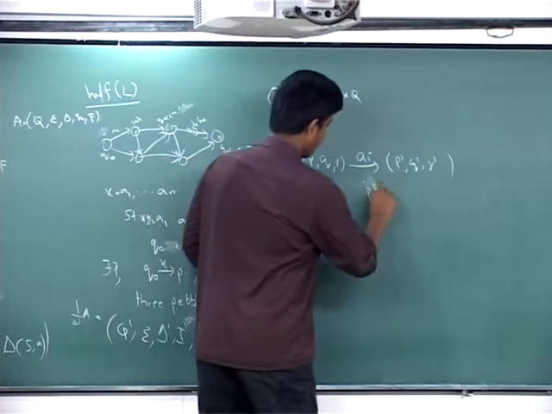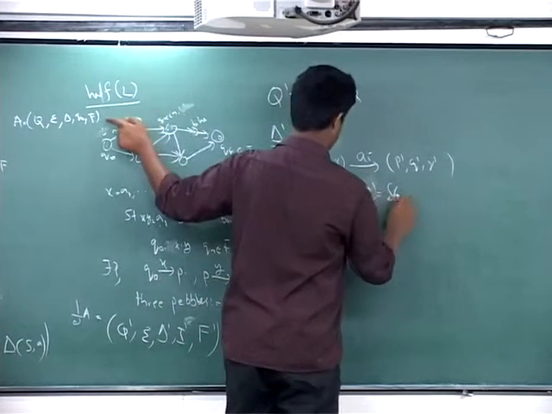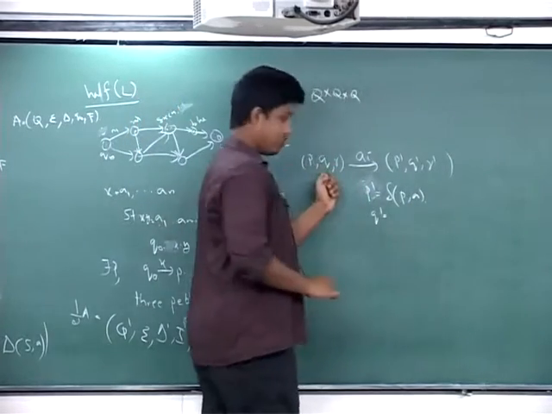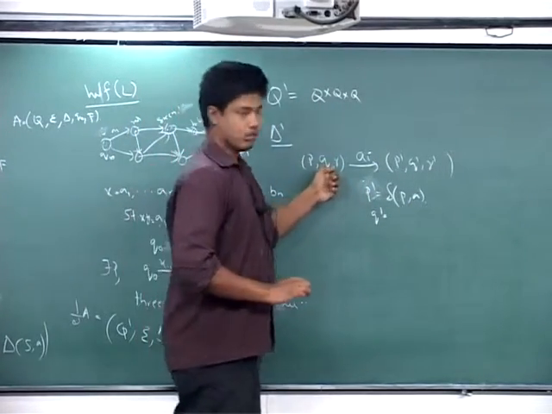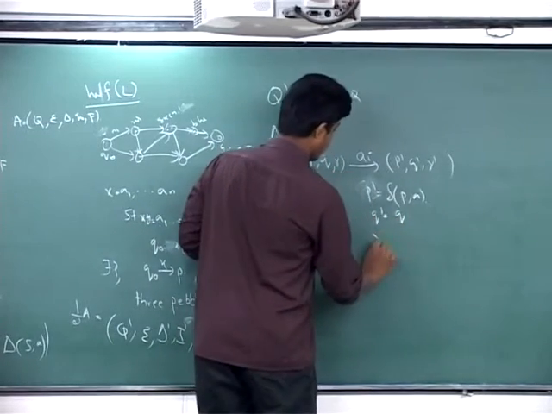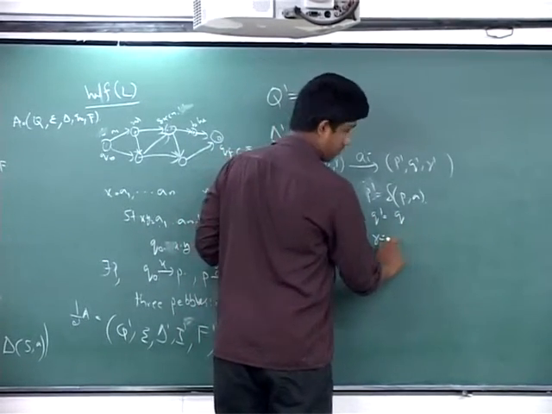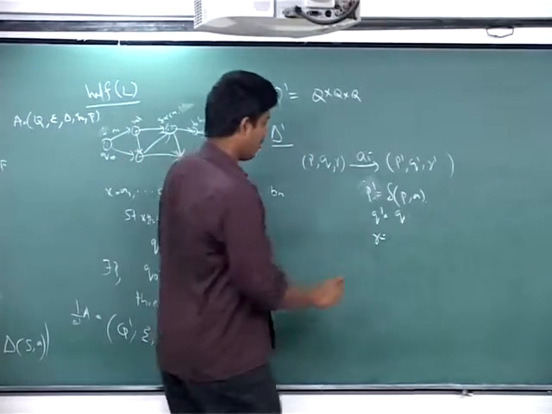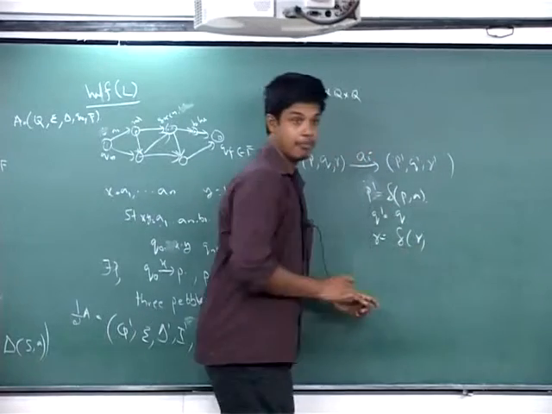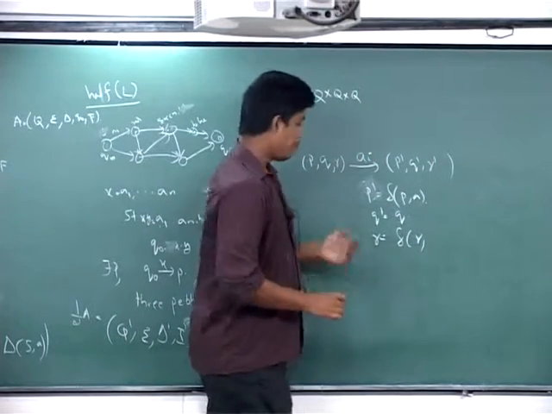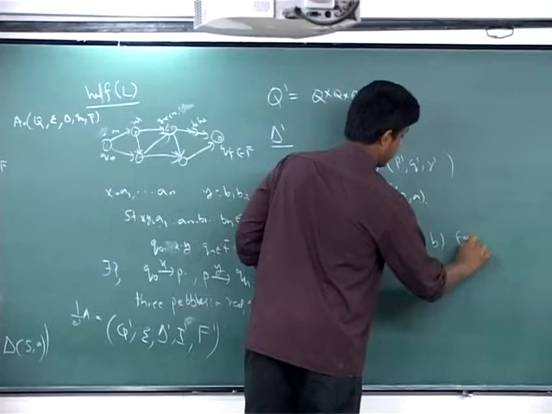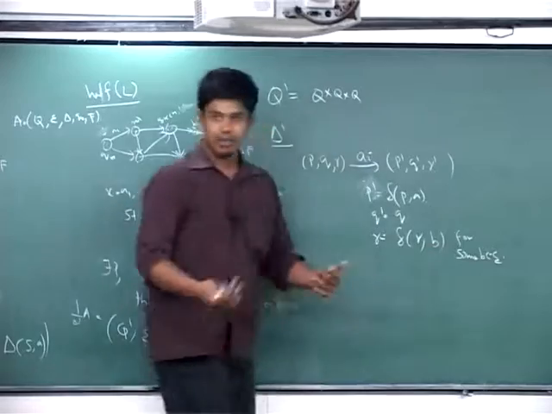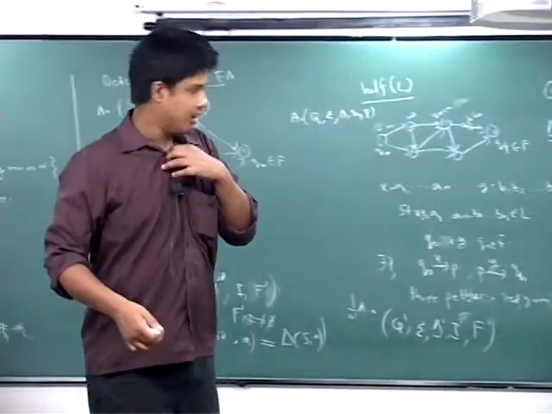P prime will be delta of P and A. Q prime: this is the green pebble, so we keep it fixed. So what is Q prime? Q. What is R prime? Delta of R, comma, some B. For some B, because we don't necessarily care about the transition.